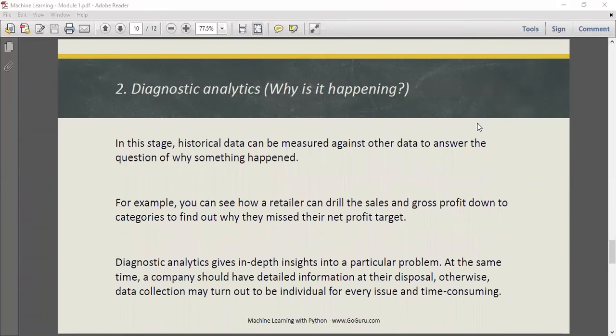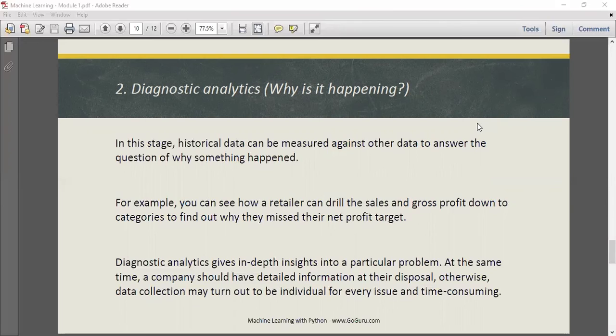The second stage is diagnostic analytics. This gives us the reason why it is happening in a business. So in this stage, we try to combine data from different sources. You can maybe look at historical data and find out why certain things are happening in your business.